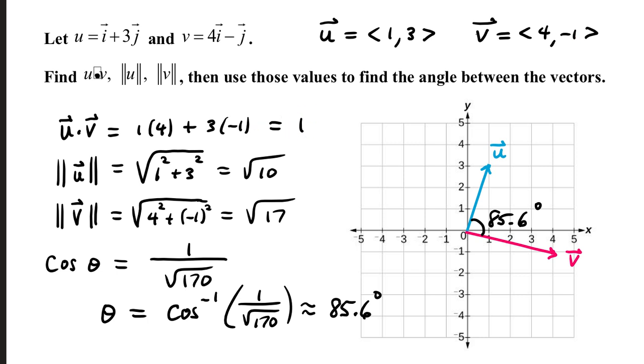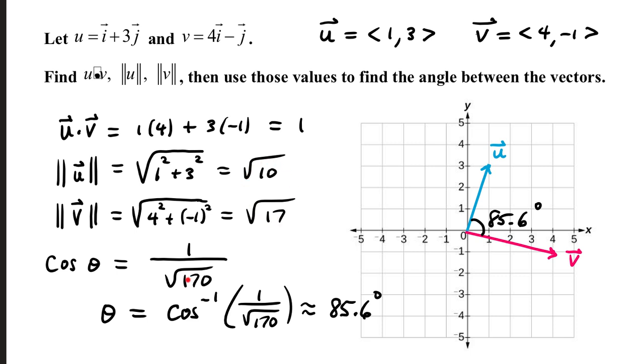So we know we're not dealing with a 90-degree angle. Magnitude of u, that's a square root of 1 squared plus 3 squared. That's square root of 10. The magnitude of v, square root of 4 squared plus negative 1 squared, that's square root of 17. Cosine theta is equal to your dot product over the product of your magnitudes.